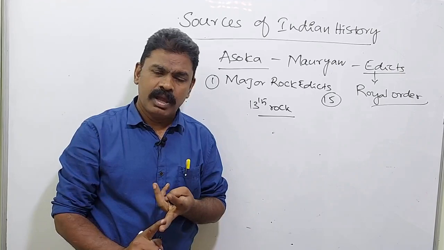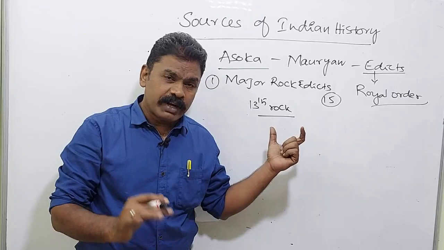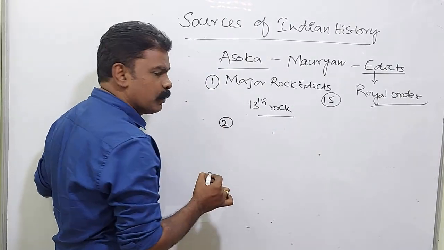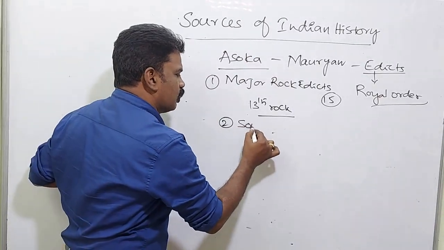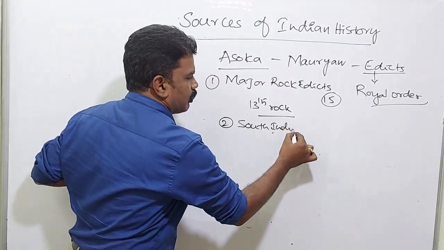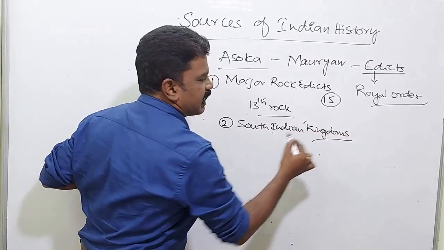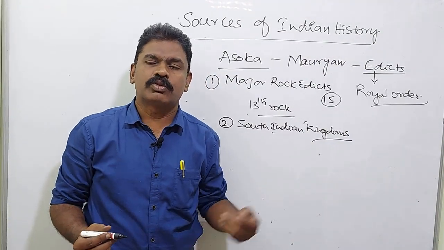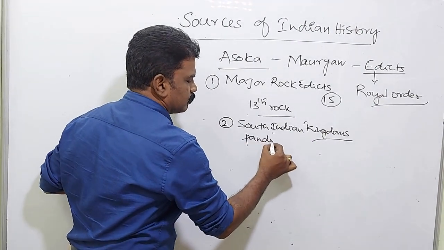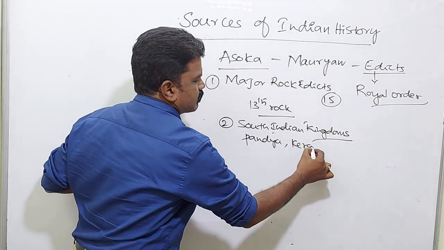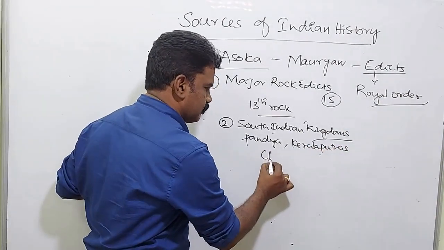the Mauryan period. For example, the second major rock edict speaks about South Indian kingdoms like Pandyas, Keralaputras, and Cholas.